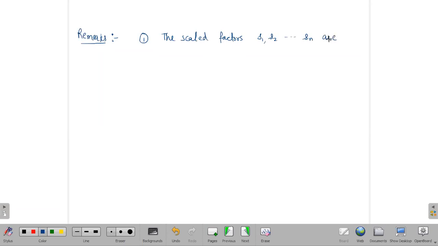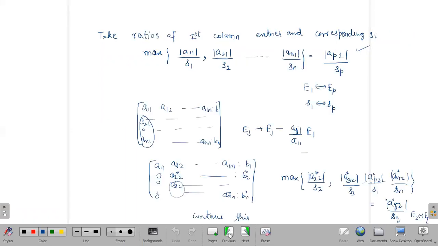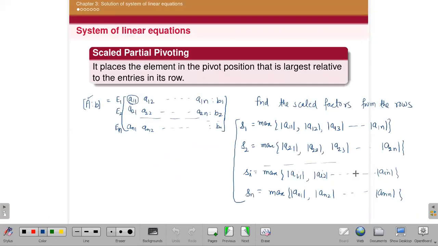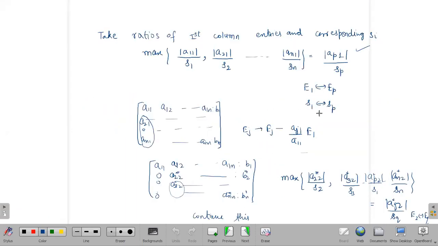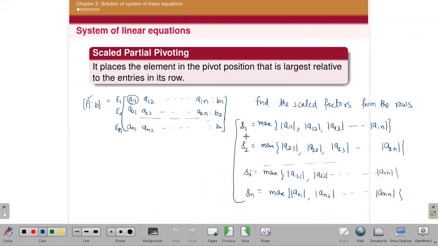These are computed only one time, only once. It is not the case that in the first step you find these, and then after this step, after making these elements zero, you again find the maximum, the largest number row-wise. That will not be done in each step.